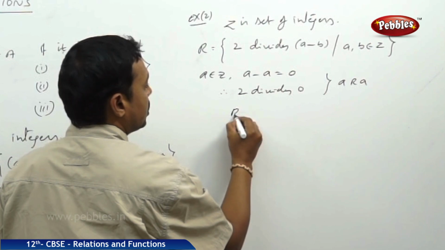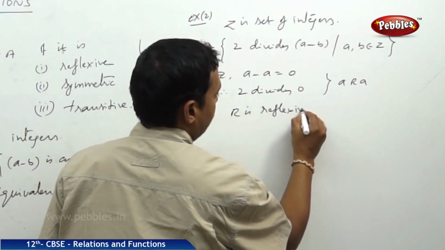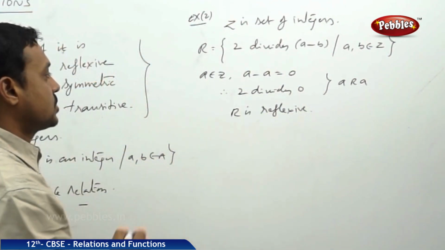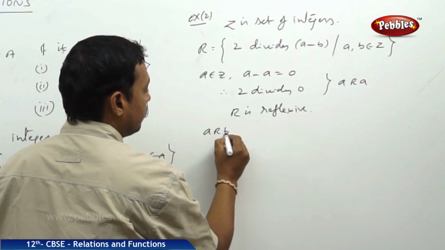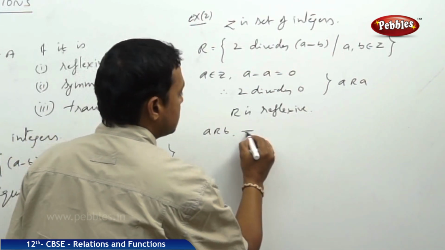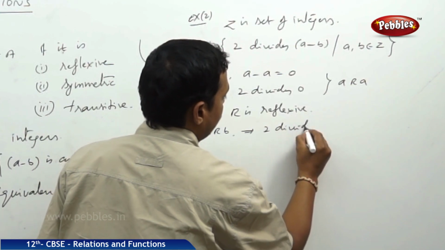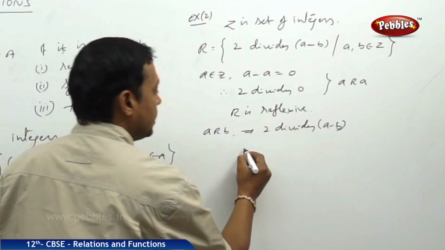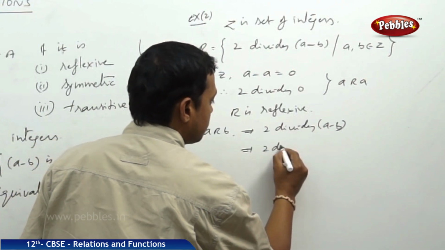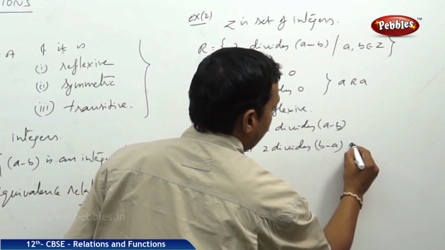Hence, the relation R is reflexive. Next one. Suppose A is related to B. That means 2 divides A minus B. This implies that 2 divides B minus A also.